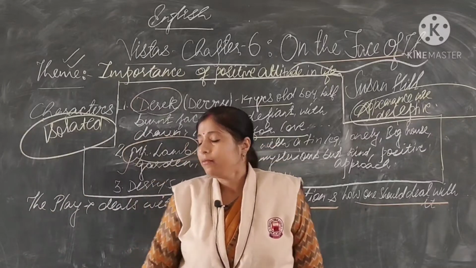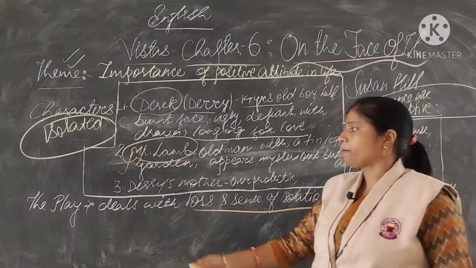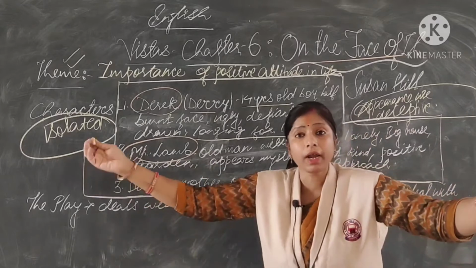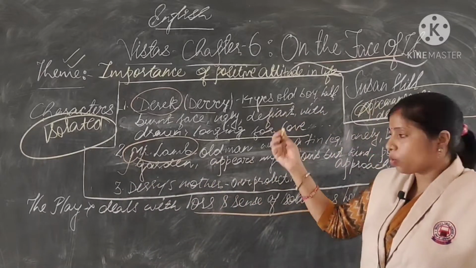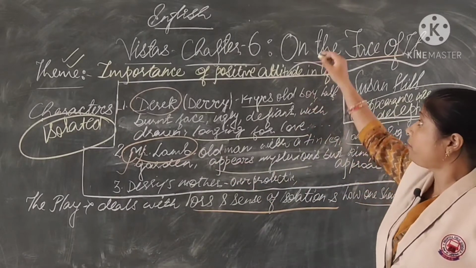On the other hand, we have Mr. Lamb, an old man with a tin leg and a garden. He has a very big garden, living in a big house. Big house, lonely, appears mysterious on the face of it.